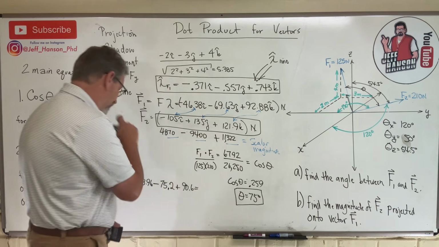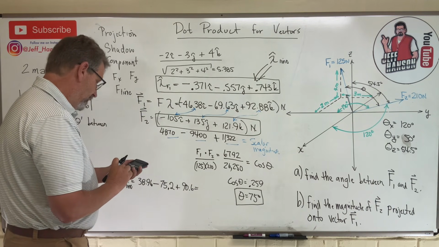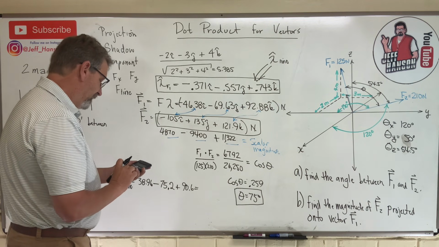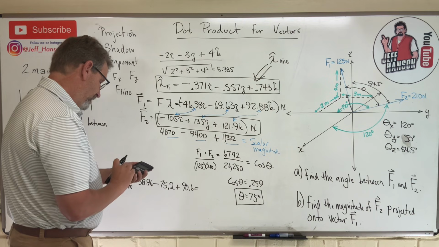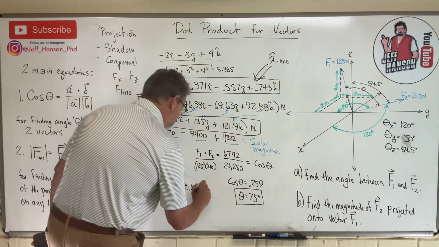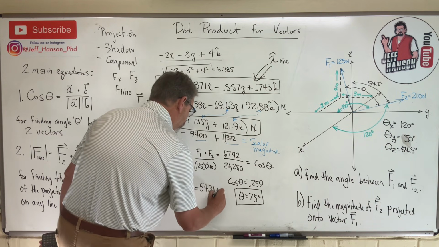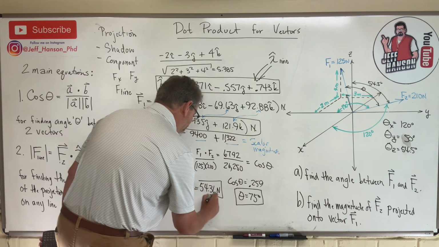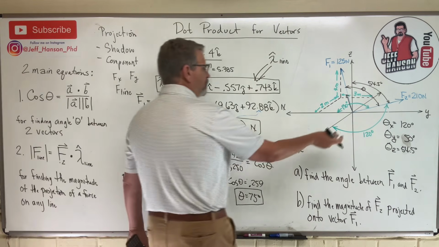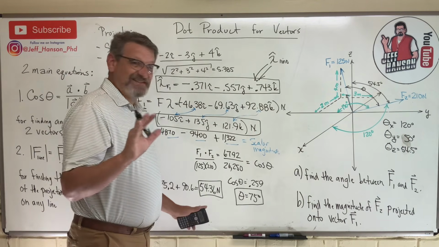Okay, and let's just add those together. 38.96 plus 90.6 minus 75.2 equals 54.36. And what is that? That's newtons, right? That is the magnitude of that projection onto this guy here. Okay? All right. That's it.